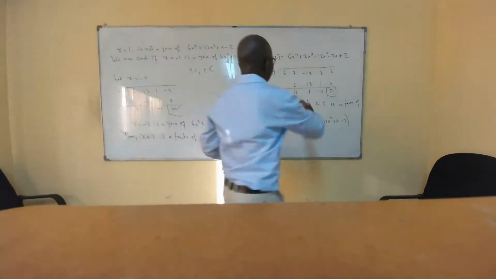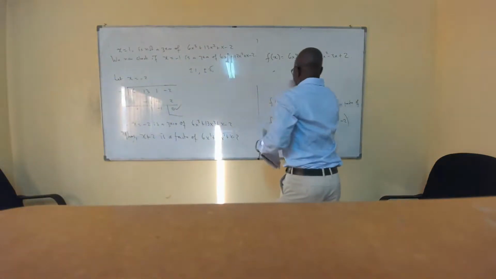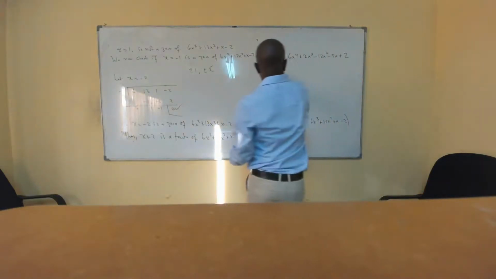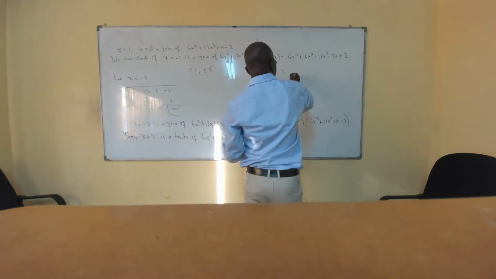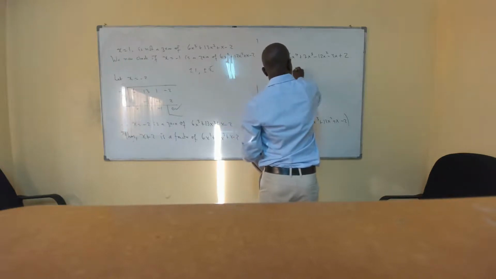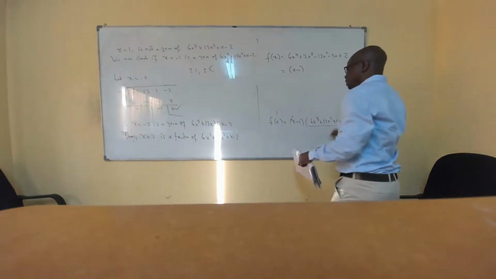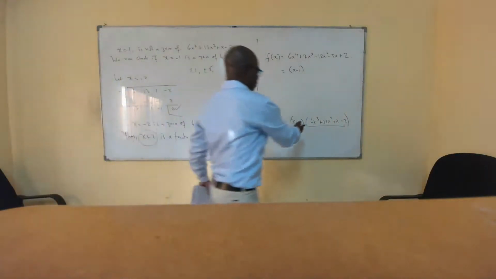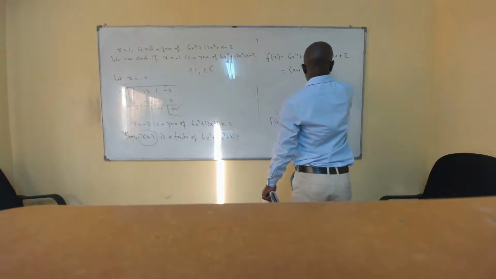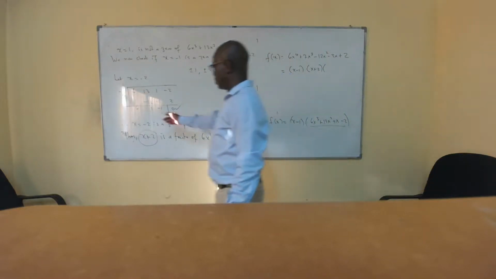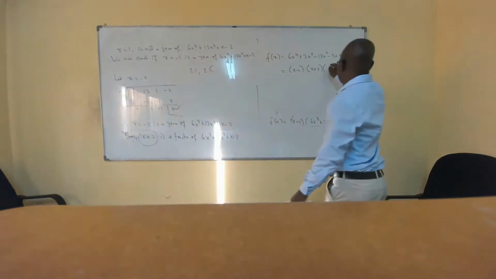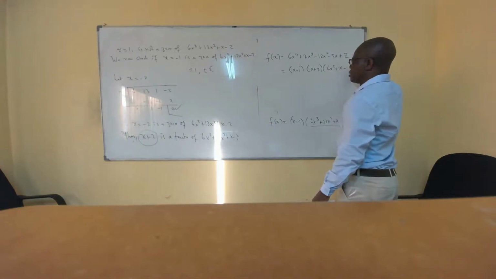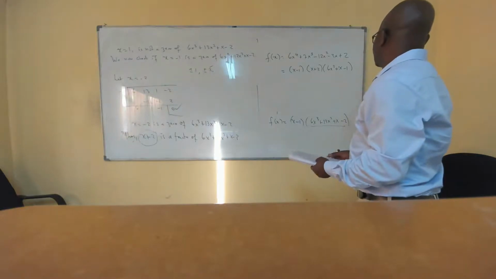So if it's a factor, look here. We can therefore, so this is our f of x. So we can write x minus 1. This one has a factor, so I can decompose this one as x plus 2. And the quotient from here, we can read it is 6x squared plus x minus 1. Okay? That's what we have here.